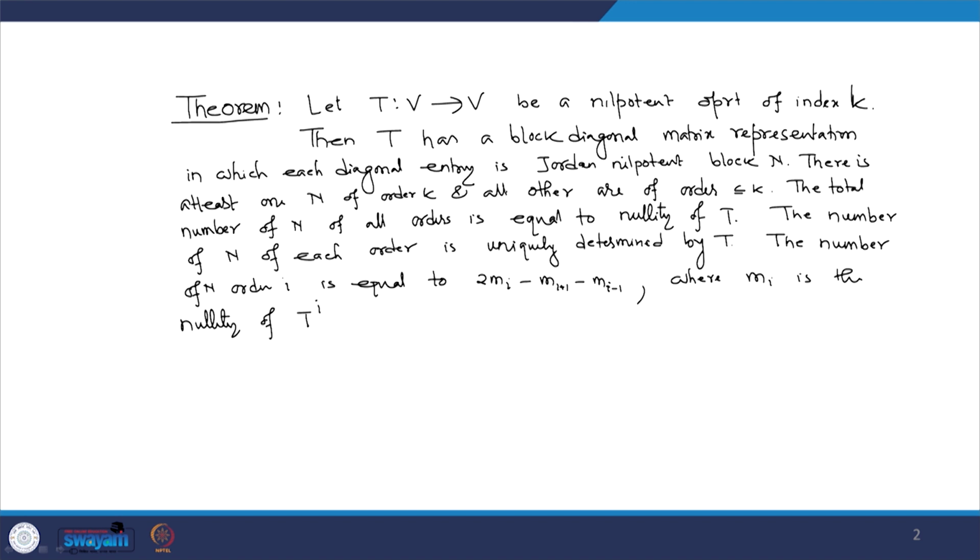Based on this concept, one can obtain a block diagonal matrix representation of a nilpotent operator.